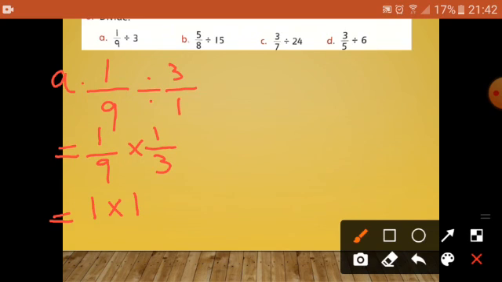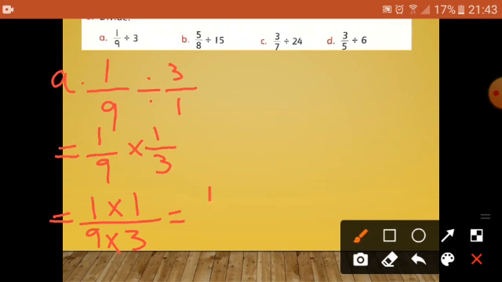So 1 times 1, because after taking the reciprocal you have to multiply the numerators with each other and the denominators with each other. So what is my denominator? 9 times 3.